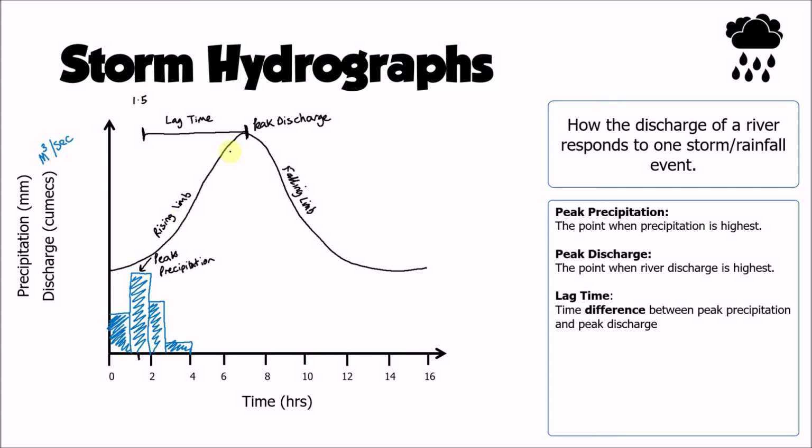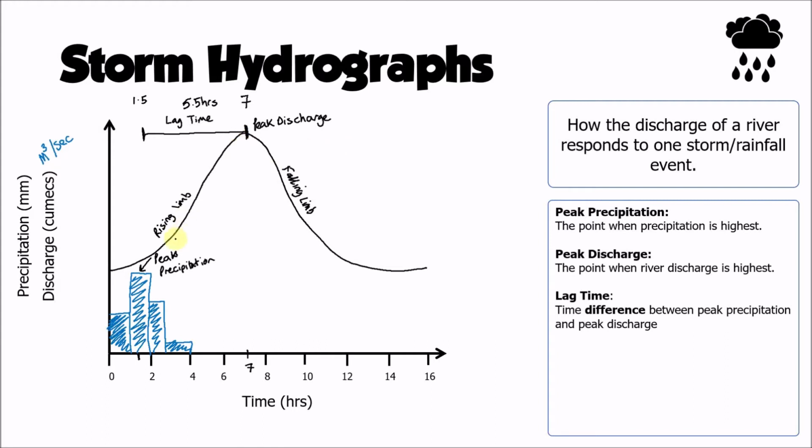And let's assume also that peak discharge has occurred, we'll call that 7 hours after the rainstorm. So simply to calculate the lag time, we just work out the difference between those two numbers, which is 5.5. So in this case, the lag time is 5.5 hours. It's taken 5.5 hours for that river to reach its peak discharge.